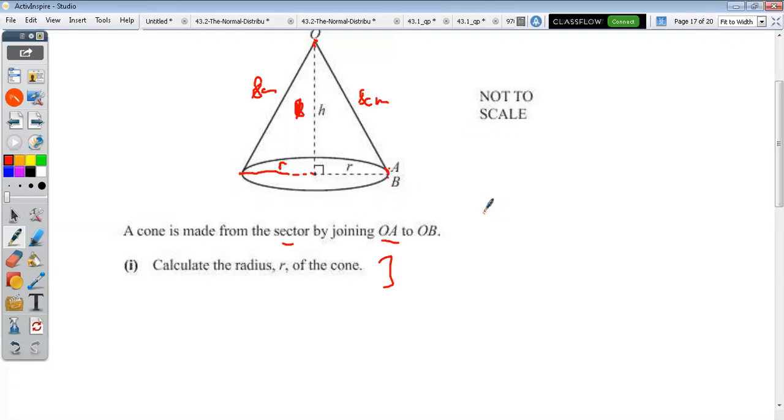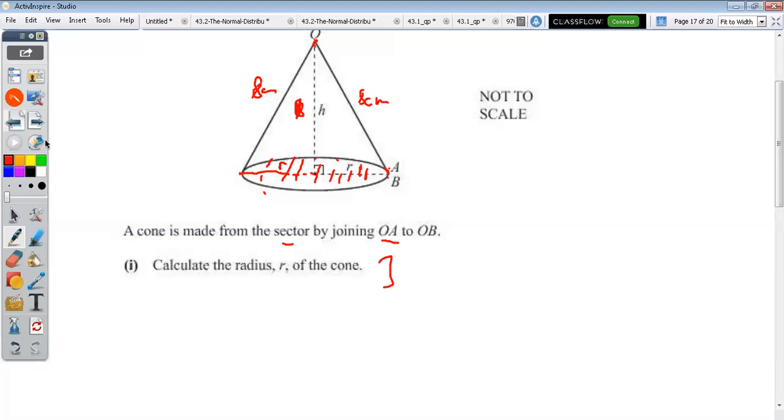What do you mean, the base? This one? From that, yes, that is basically AB. You mean this circle? Yes, for that circle. And then we use the circumference to find the radius. We can do that.